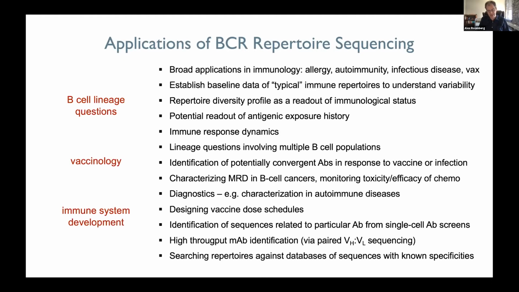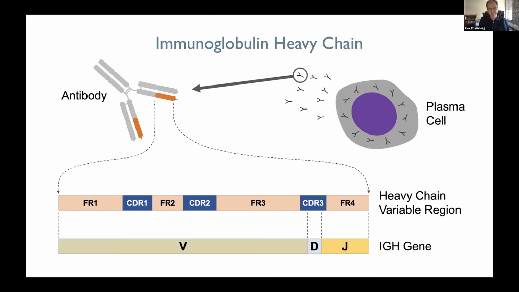In fact, we've been using this in the flu vaccine and in the HIV Vaccine Trials Network. It's also useful for studies in immune system development. One study that we have is evaluating the development of the IgA repertoire in newborns, for urban babies versus those from Old Order Mennonites in a rural farming community. And we're also combining that information with the microbiome. So that's a study that's currently underway.